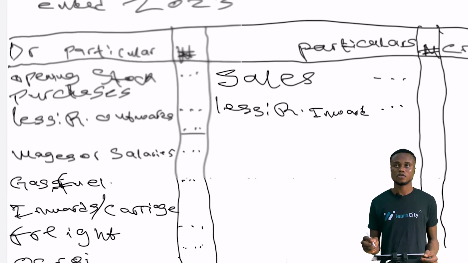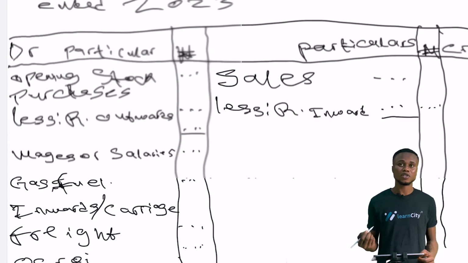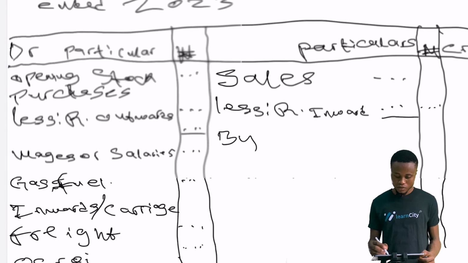You will less return inward, and after doing that adjustment, you underline it like this and you bring the total here. Then after that, if your sales have scrap, of course it has to be there, it will just be scrap sales.